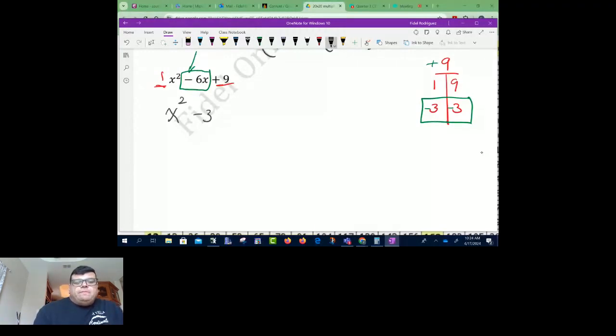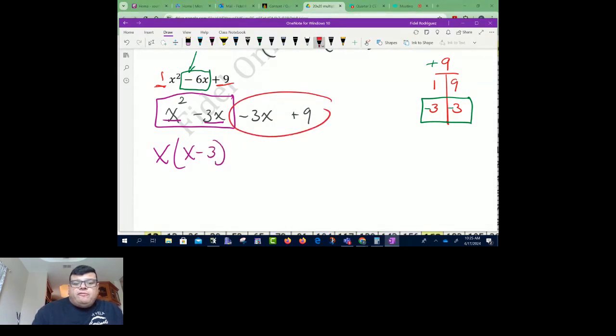So look, y'all, we're going to go like this. X squared minus 3x plus 9. Now, right here, y'all, I can take out my x minus 3. Over here, the first thing I see, y'all, is a negative. So I'm going to take out a negative 3. If I take out the negative 3, I'm still left with the x. Now, remember, for the second part, I'm taking 9 and dividing it by negative 3.